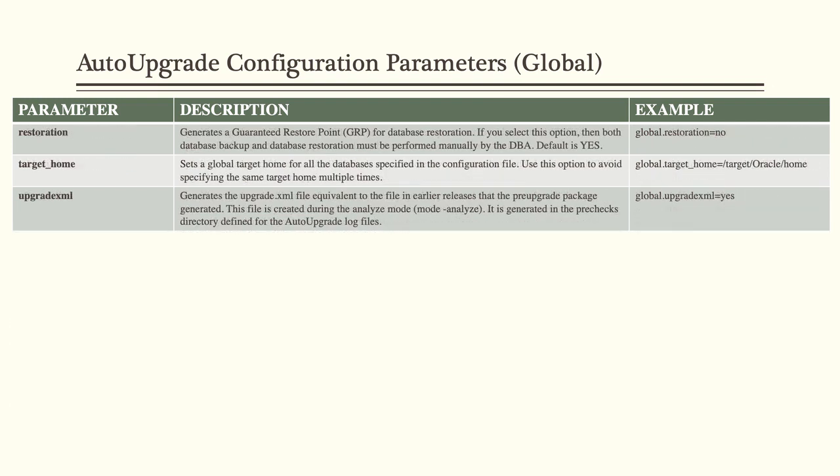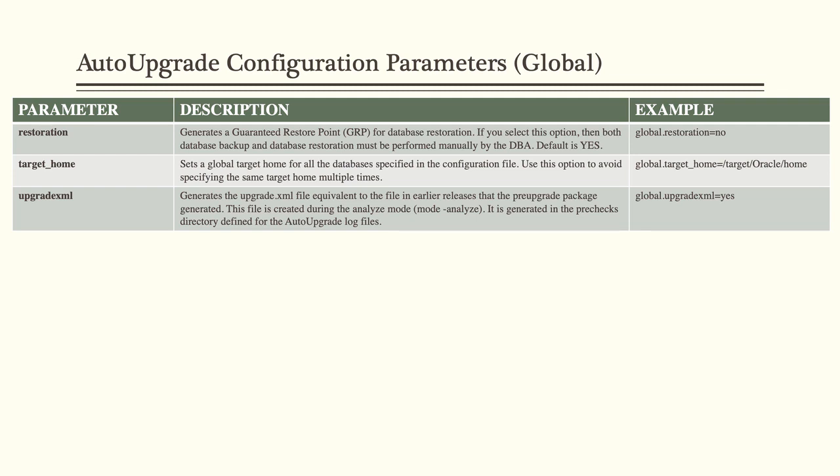Then restoration: this generates a GRP, guaranteed restore point, for database restoration. If you select this option, then both database backup and database restoration must be performed manually. If you say, oh no, I don't want this to be done, or I would like restoration to be done manually, then in that case you will have to take the backups beforehand.